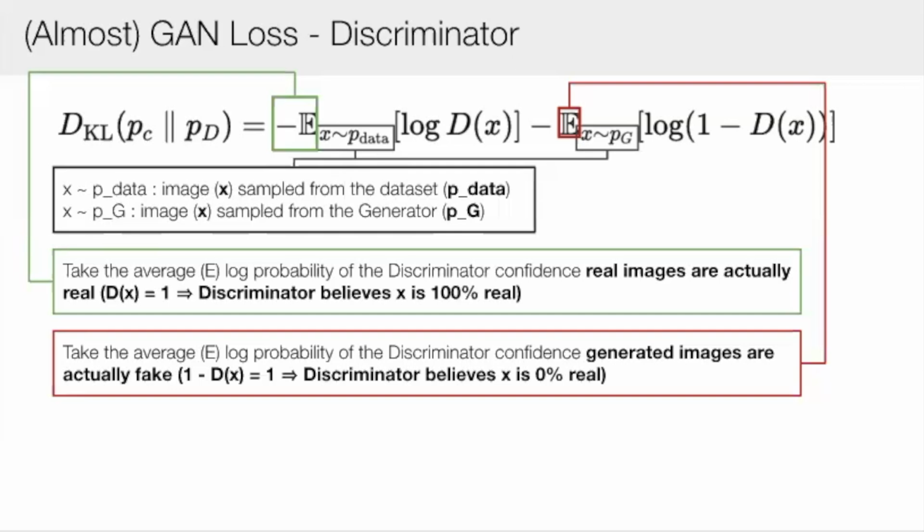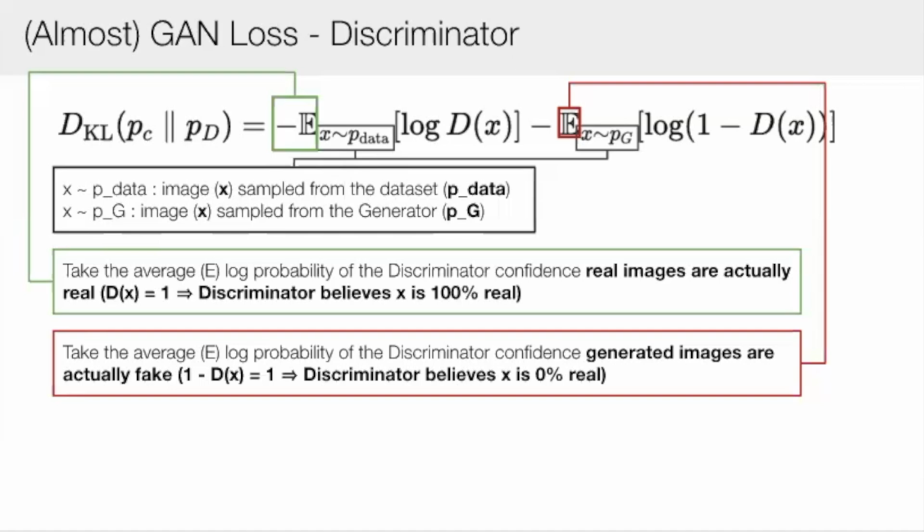So we're maximizing the probability that the discriminator thinks images X from the dataset are real. Does that make sense? By minimizing this loss function, we're increasing the chance that the discriminator sees a real image and thinks it's real. And then it's the flip side for a fake image: what we want is for the discriminator to see a fake image and say it's fake.